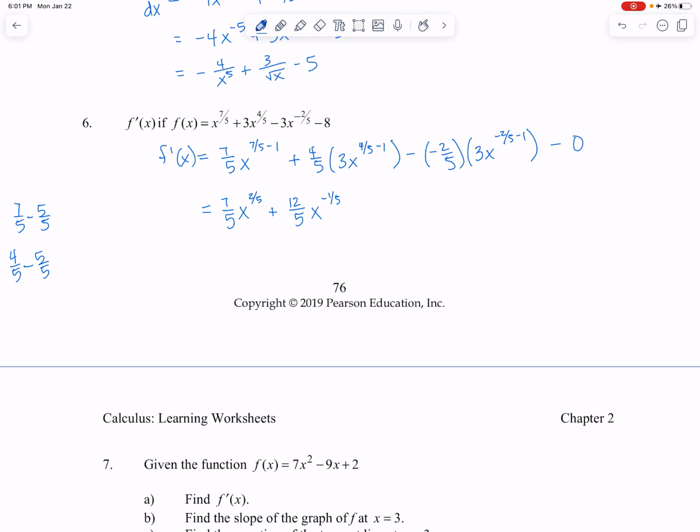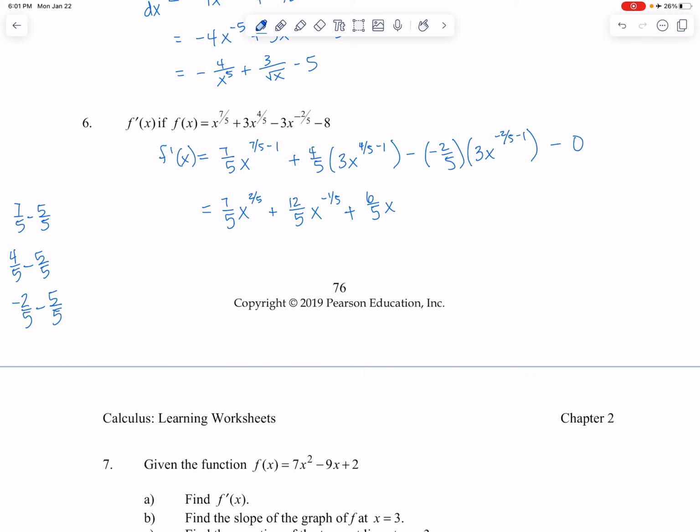Then we have minus minus, so I'm just going to put a plus. 2/5 times 3, 6/5 x, negative 2/5 minus 1, negative 2/5 minus 5/5.